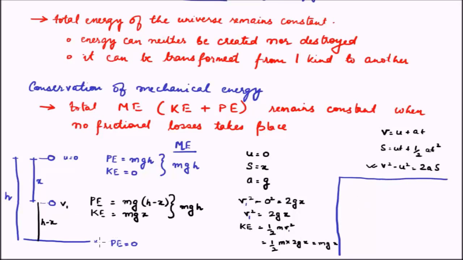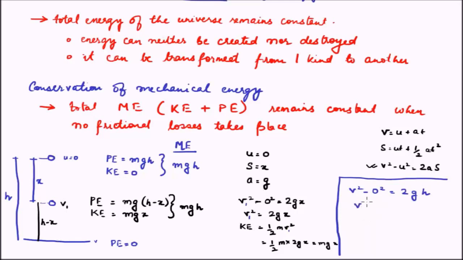But here the velocity is v, so it will be v square minus again the initial position, that is the top position, the velocity was 0. So again it is 0 square is equal to 2 times a, where a is gravity g and s is the total height h, since h is the total distance traveled to reach the bottom.